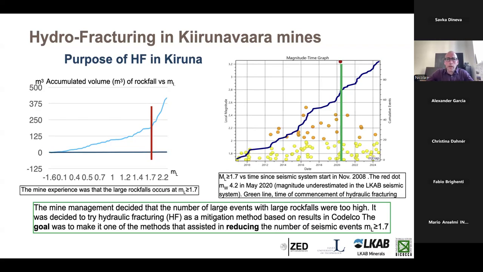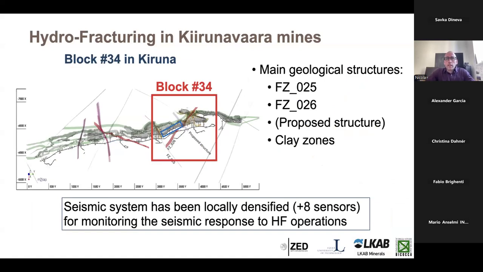So the goal was to use this method as a system for reducing the number of magnitude 1.7 events. So they started trying hydrofracturing in Kiruna mine in Block 34.